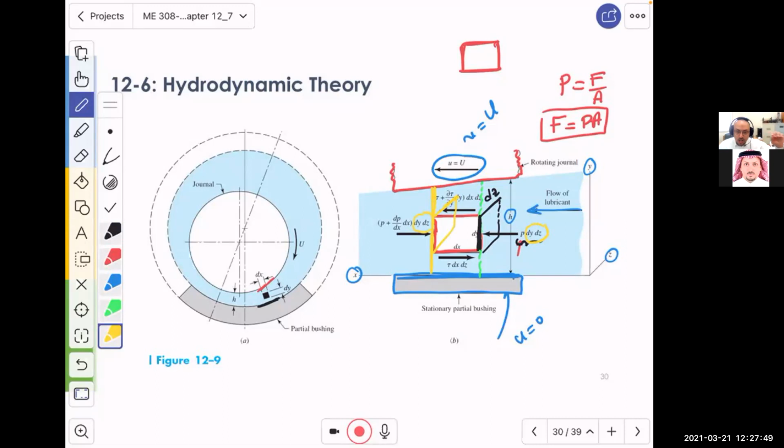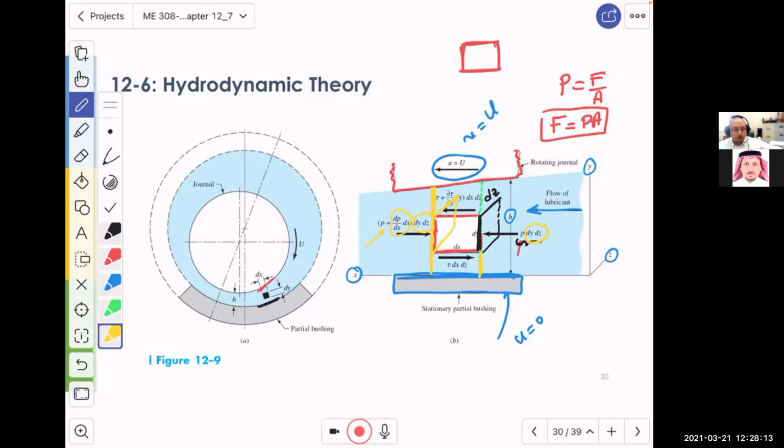But the pressure now got higher. So the pressure now is the pressure in here, the green one, plus the gradient. Tell me, how much is the change of the pressure with respect to x? And then multiply it by delta x. That's it.